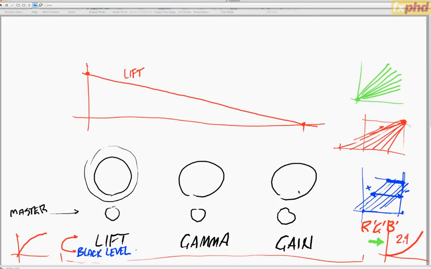Now, like raising lift or black level too high, at some point the output signal is going to clip. So set gain too high, master gain too high, you'll introduce clipping. But gain doesn't do anything to the reference black point. So in a sense, gain has no effect at black, has maximum effect at white, and has proportional effect across the whole scale in between the two.